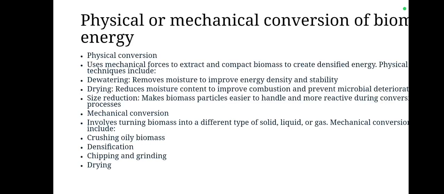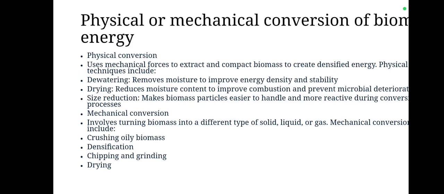The physical techniques include dewatering, which removes moisture to improve energy density and stability. Drying reduces moisture content to improve compression and prevent microbial deterioration. Size reduction makes biomass particles easier to handle and more reactive during a conversion process.